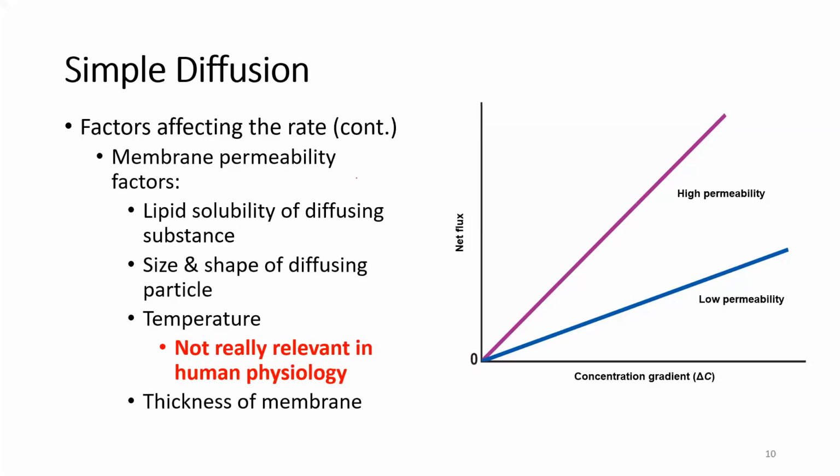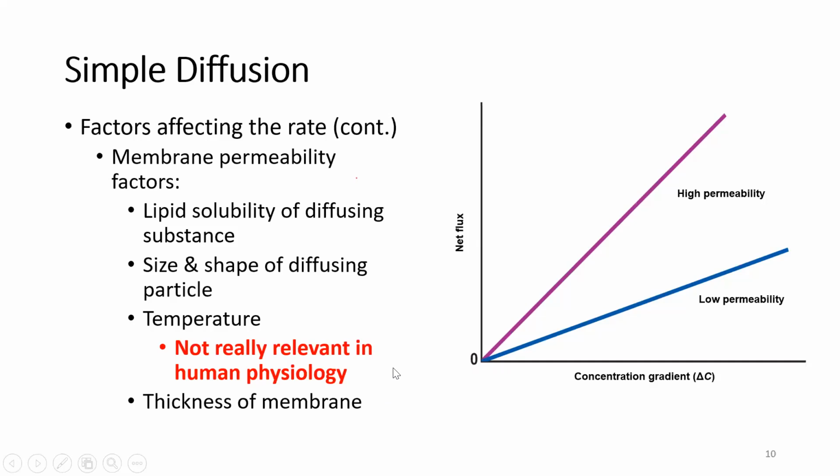Particles are going to be moving faster if they're exposed to higher temperature. This is not as relevant for us because we're not really exposed to high heat or to the extremes of temperature. We're pretty much set at that core temperature, but it is also interesting to know that increased temperature is going to increase the rate of movement of particles, which will also increase their movement across a membrane as well.